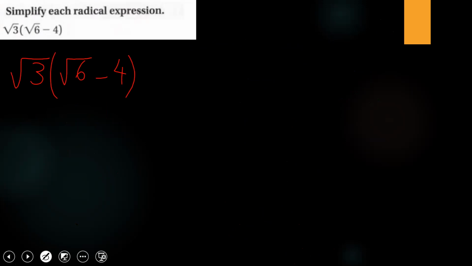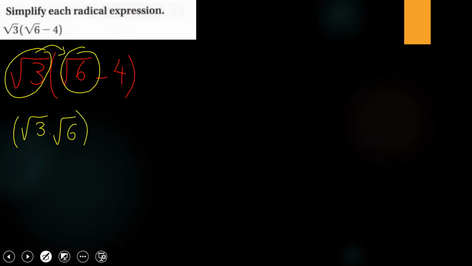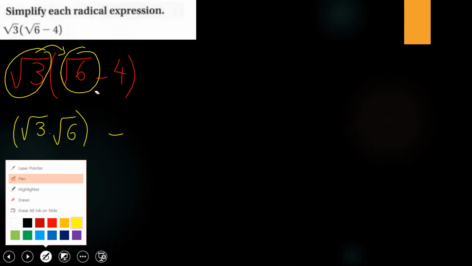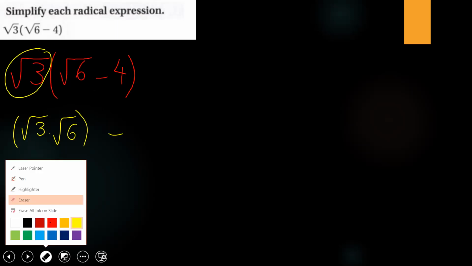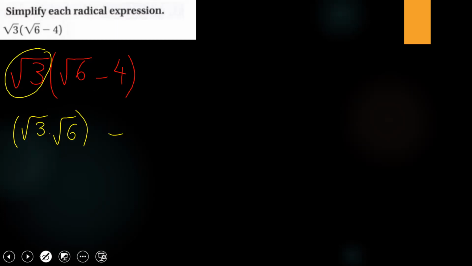So I want now to multiply the square root of 3 with the square root of 6 first, minus, then I have to multiply the square root of 3 times 4. This is the first step, which we may call the distributive property.